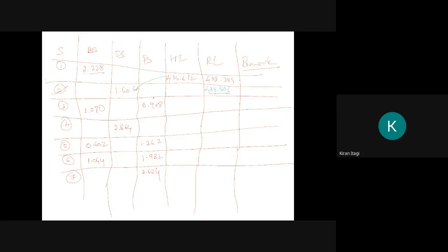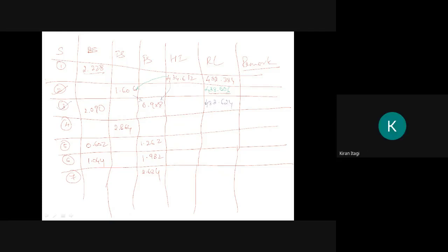Next here we don't have any intermediate, so next we have a foresight. So we want the RL at station 3. What will we do? Height of the instrument minus the foresight. What is the RL at station 3? 433.624.